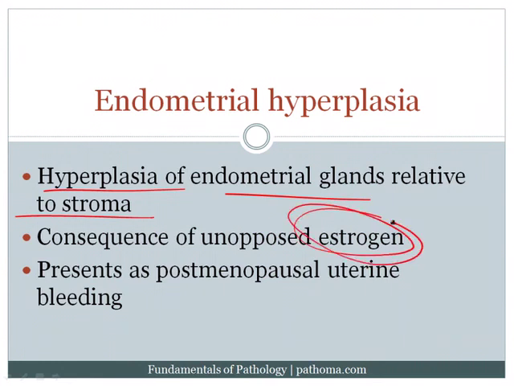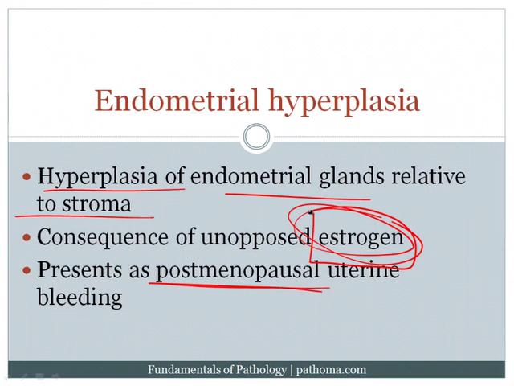Estrogen, estrogen, estrogen. This is a consequence of unopposed estrogen. So if a patient's got unopposed estrogen, meaning estrogen that's not followed by a progesterone phase, they develop endometrial hyperplasia. It's classically seen in a postmenopausal woman because they would have stopped their progesterone phase because they're no longer menstruating, but they still are seeing some estrogen. For example, let's say she's obese.